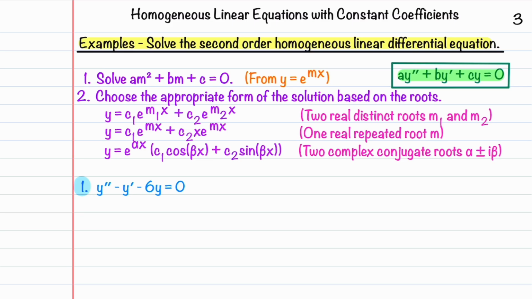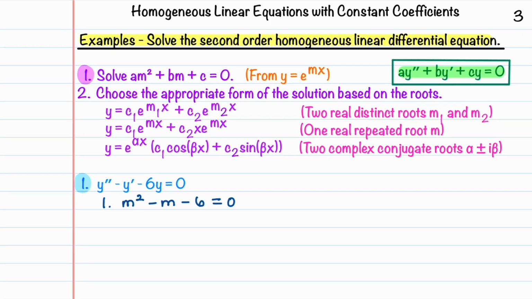It is y double prime minus y prime minus 6y is equal to 0. In step 1, we want to write down the characteristic equation and then solve it. For this problem, the characteristic equation is m squared, that's because we have 2 derivatives, minus m minus 6 is equal to 0.